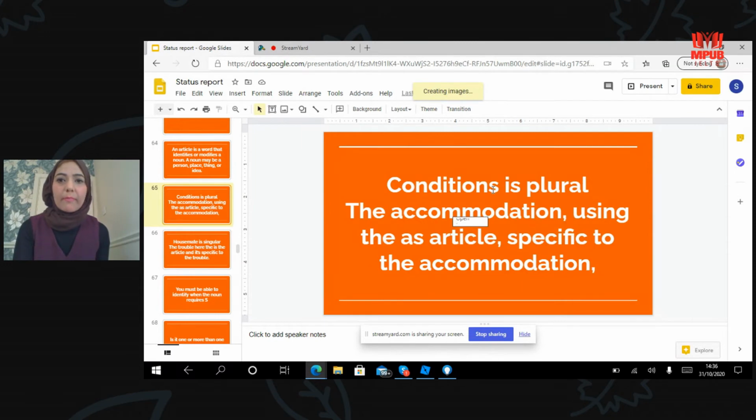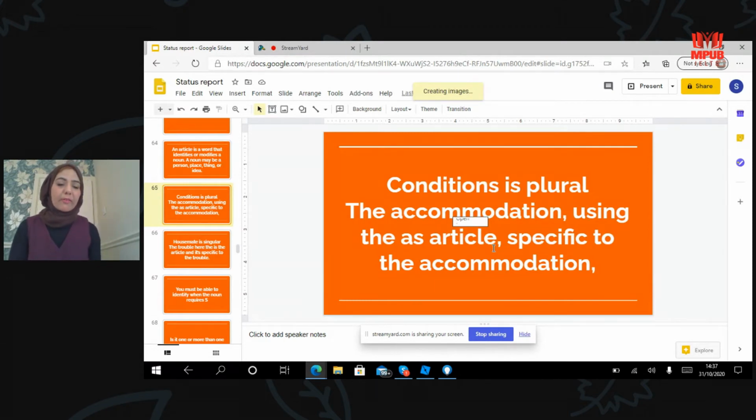And you must remember the plural, so conditions, you can add the S on and make it plural. And when we use the with the accommodation, we're using the as the article. So the has become an article here because we're referring to a specific accommodation, as we could say an accommodation could be anywhere.